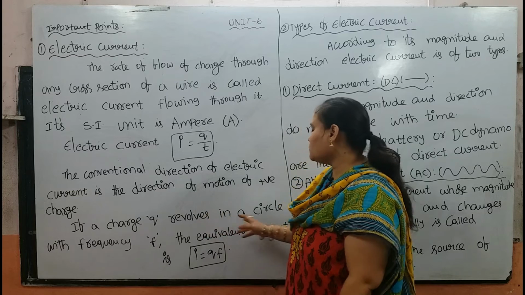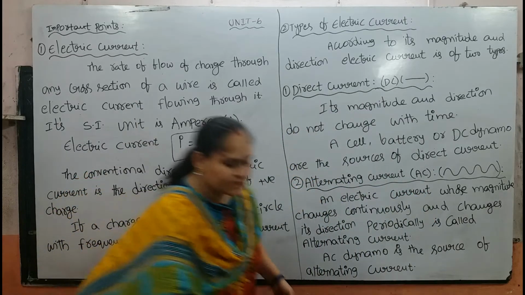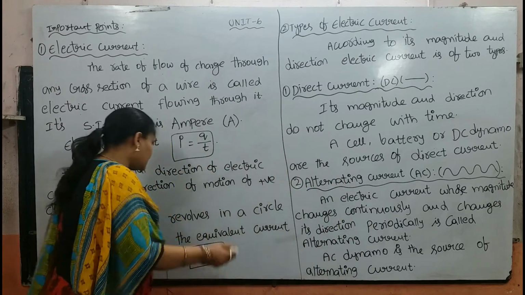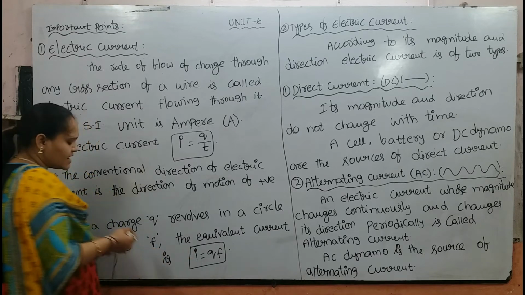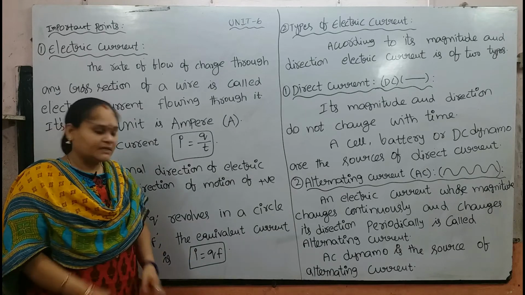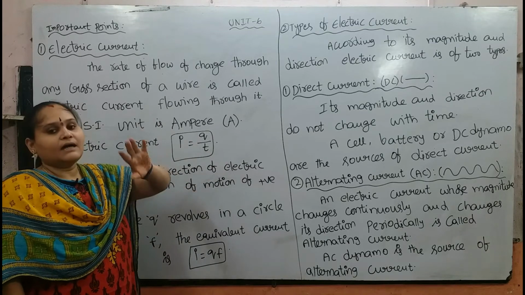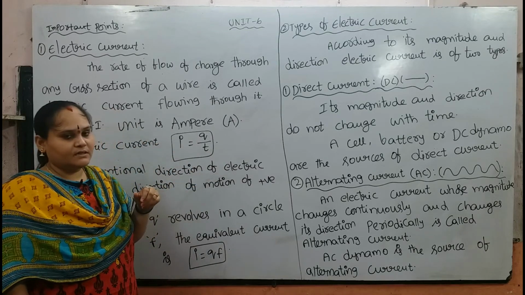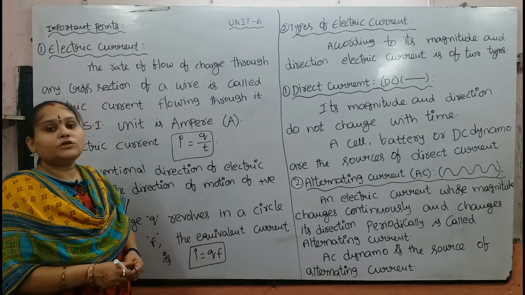If a charge Q revolves in a circle and its frequency is F, the equivalent current is I equals QF. That means the charge revolves in a circular motion and F is the frequency. Then the electric current I equals QF.